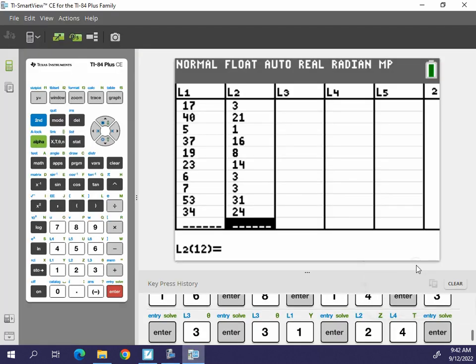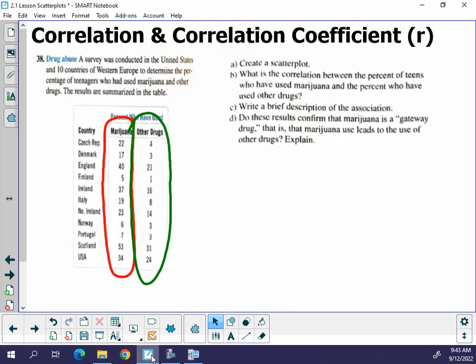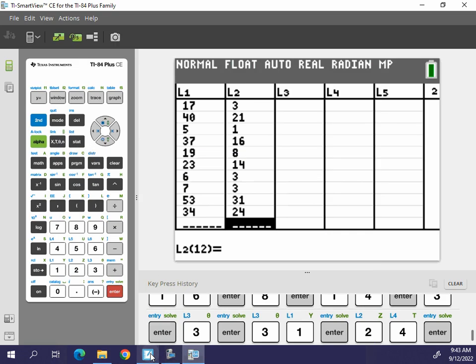So as you can see, I got a fancy new calculator to use. So hopefully this is easier for you to see when I'm trying to demonstrate what to do. It's really important that you put your lists in the proper order, because the value in list 1 on the left, 17 here for my first data point, represents the percent of teenagers in Denmark that have used marijuana, and the list 2 value right next to it is the percent of teenagers who have used other drugs in that same country.